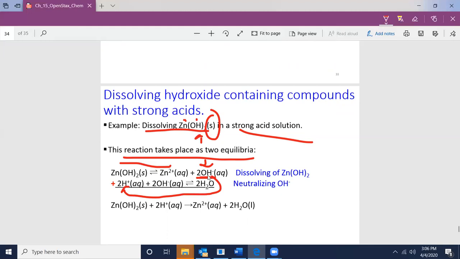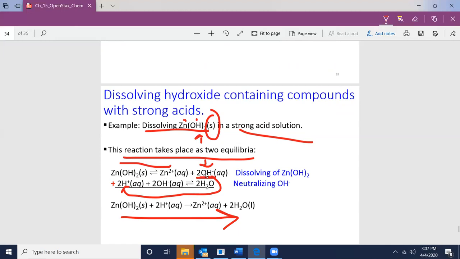We are removing this product. Once you remove any of the product from the product side, the reaction's direction is going to go to achieve the equilibrium. So it's going to go from the left hand side to the right hand side, because more and more of this needs to come out to achieve the equilibrium.